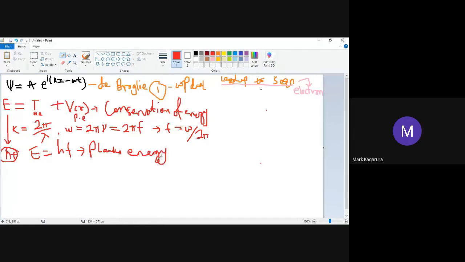Now f is omega over 2 pi. If we substitute this, we'll have E is equal to h bar times omega.